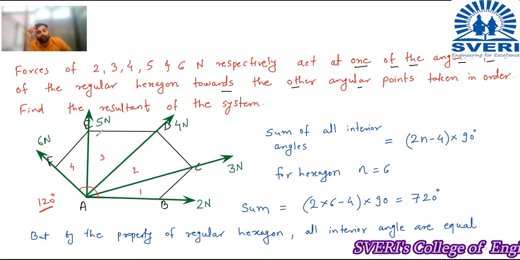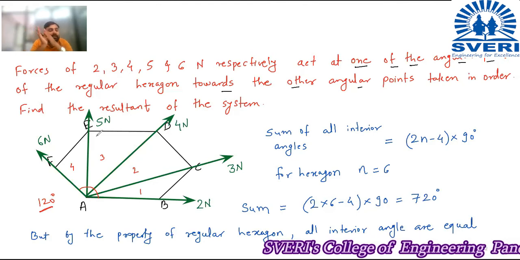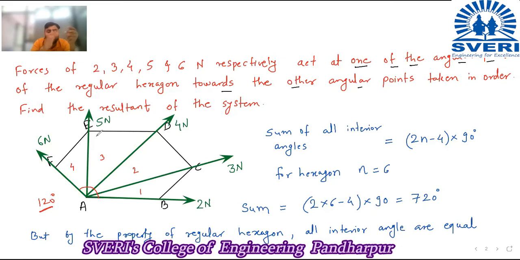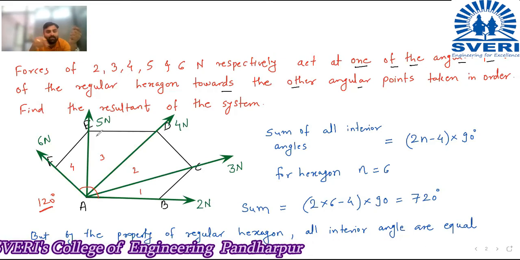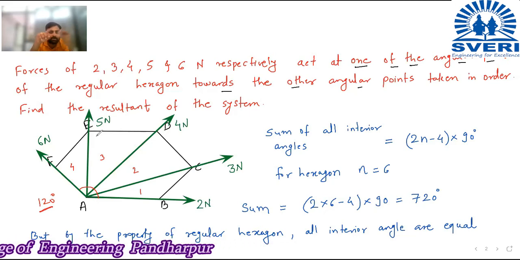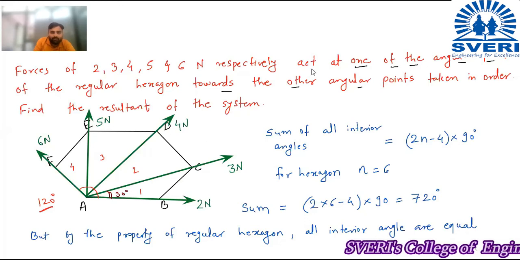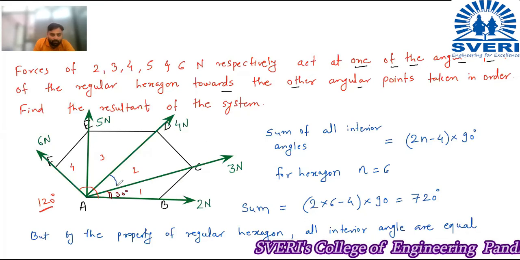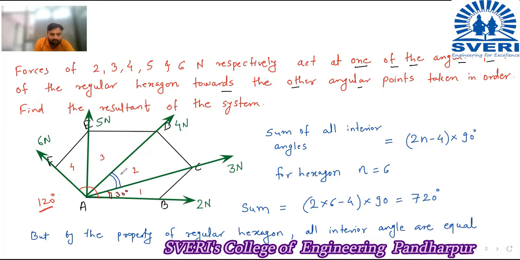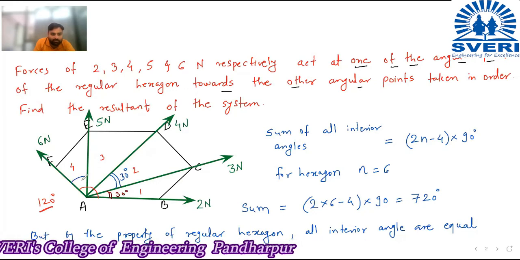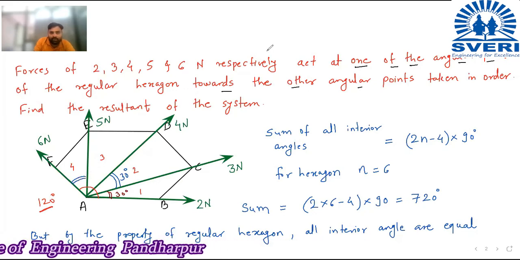I have already told you, it is the property of regular hexagon that it makes equal parts of the angles when you join the opposite angular points. So this part 1, this much of angle is 30 degree. Then this angle is also 30 degree. Then at this point, this much of angle is also 30 degree.